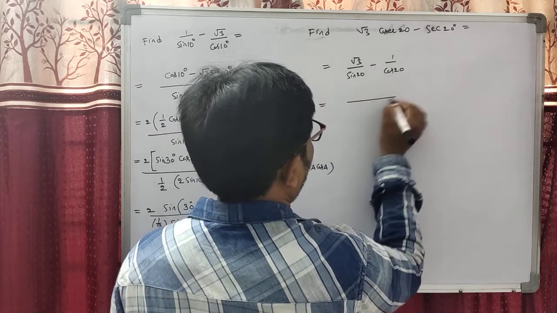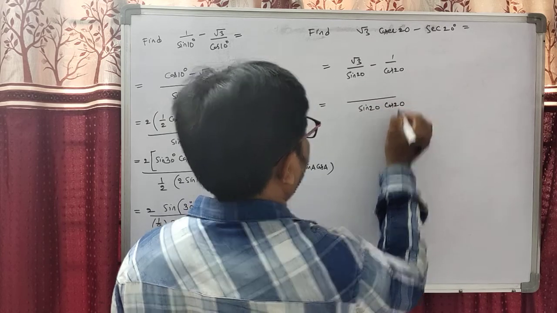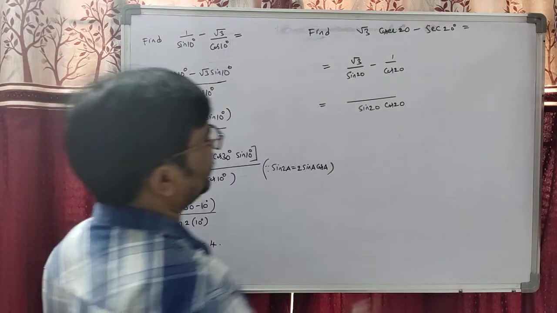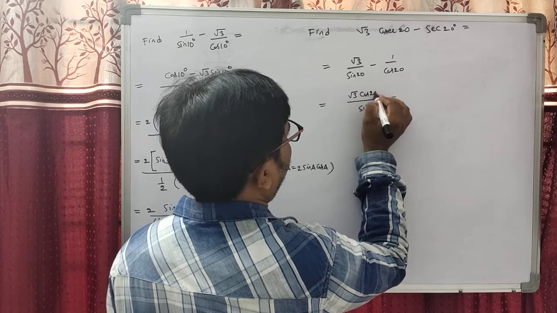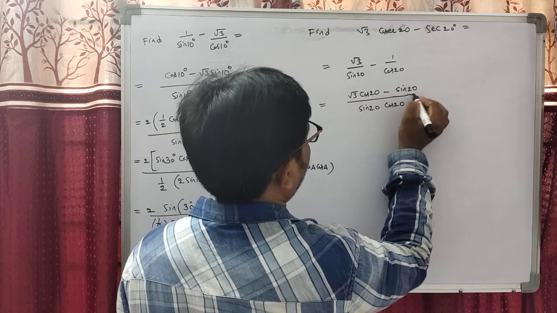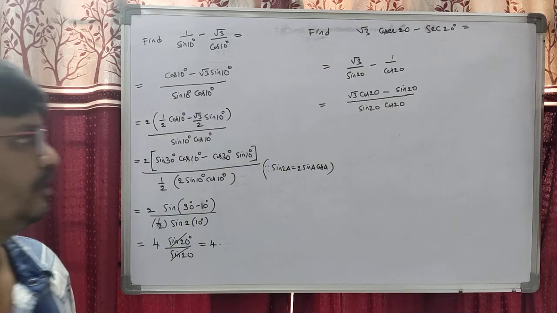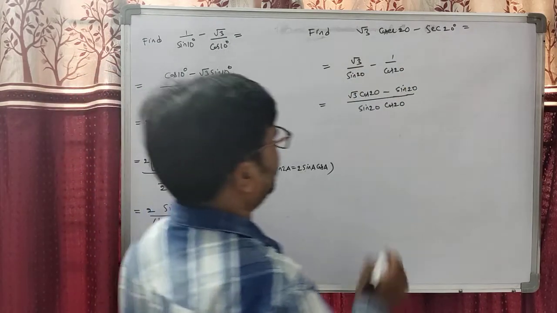So students, we take the LCM, sin 20° cos 20°. This can be written as root 3 cos 20° minus sin 20°, upon sin 20° cos 20°. How can you write this?